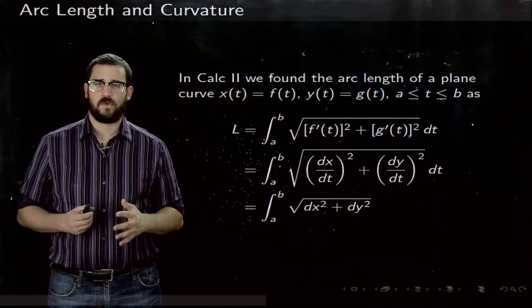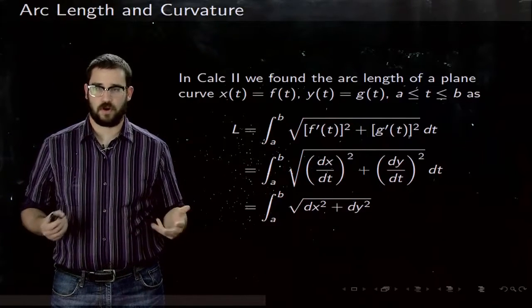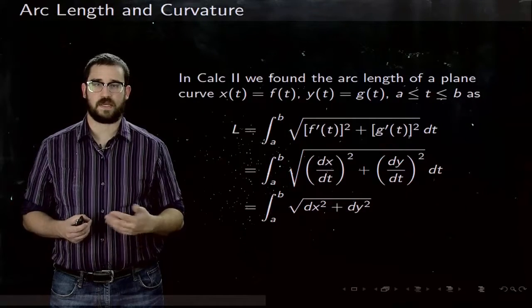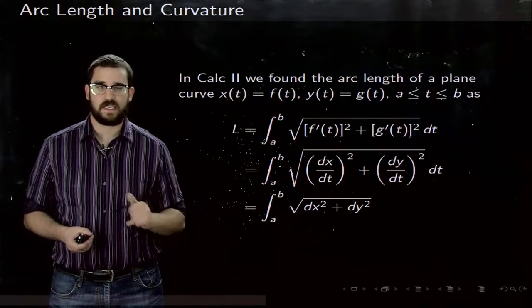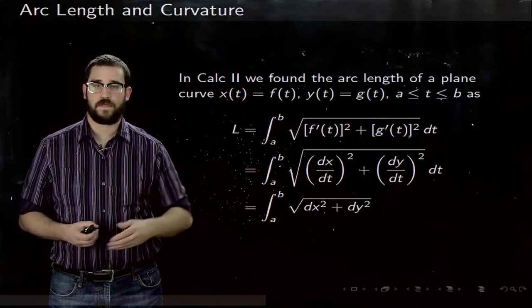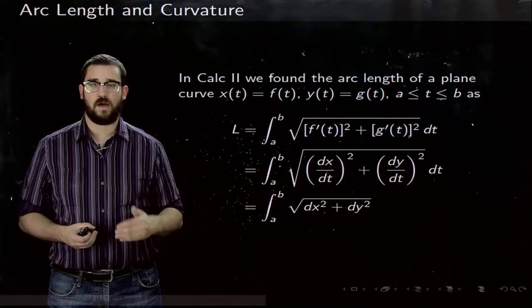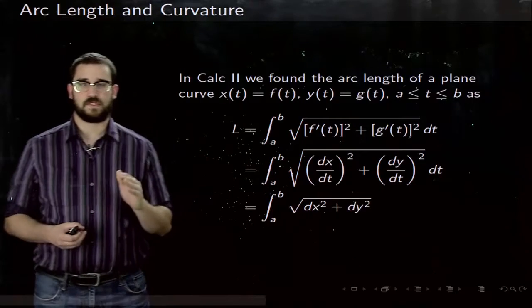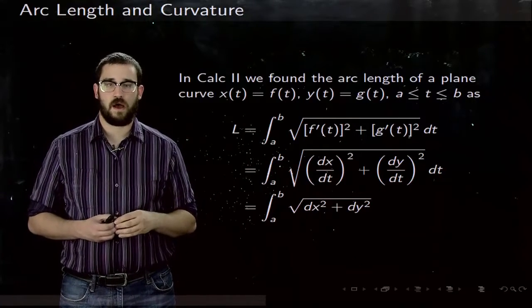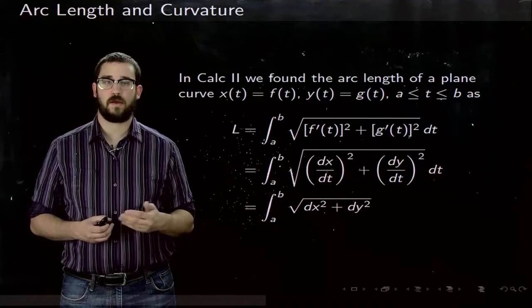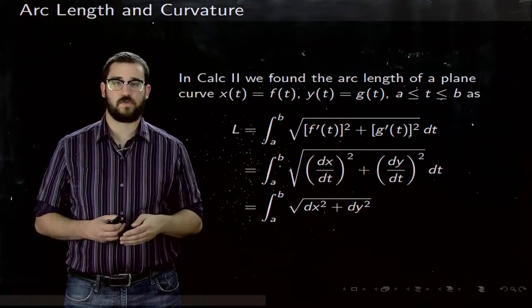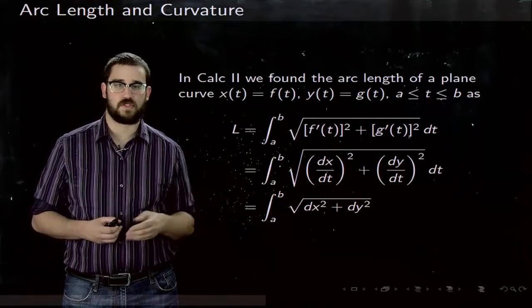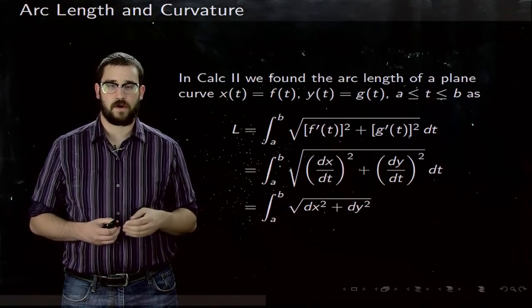Now in Calc 2, we found the arc length of a plane curve, with x of t equaling f of t and y of t being some g of t, and t ranging from a to b, by finding the integral from a to b of the square root of f prime of t squared plus g prime of t squared dt, which we could also write as dx/dt squared plus dy/dt squared.